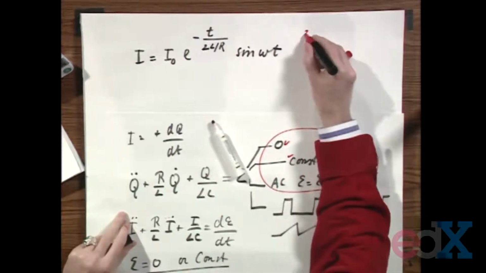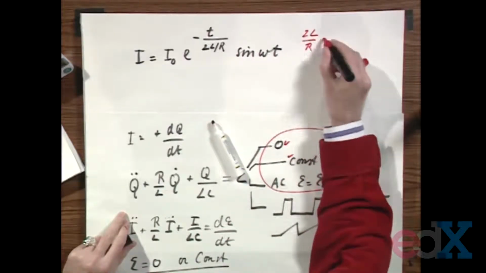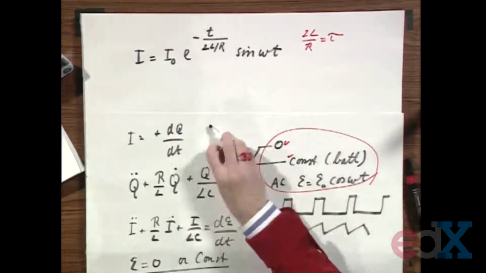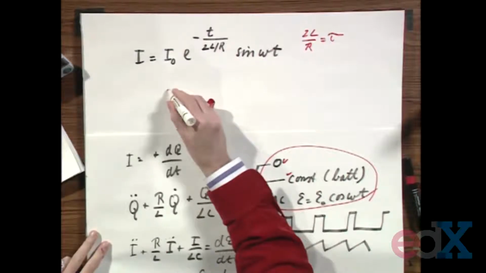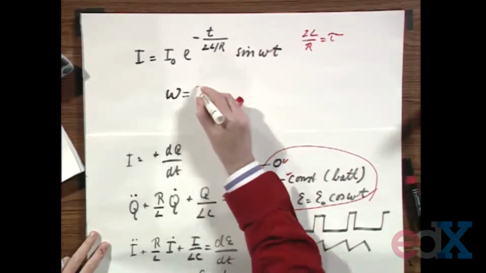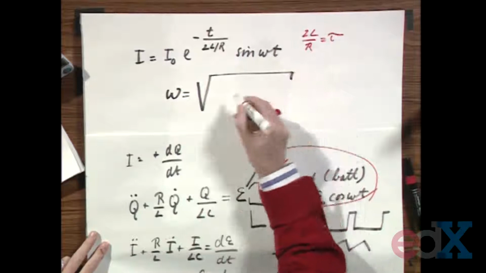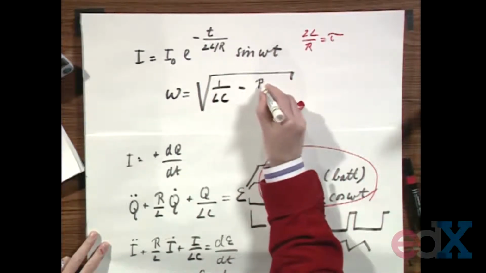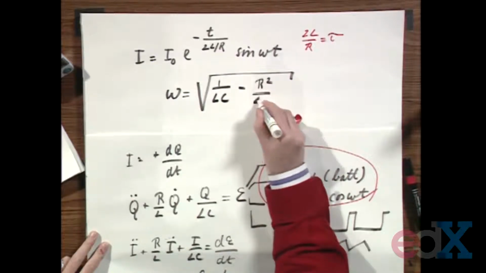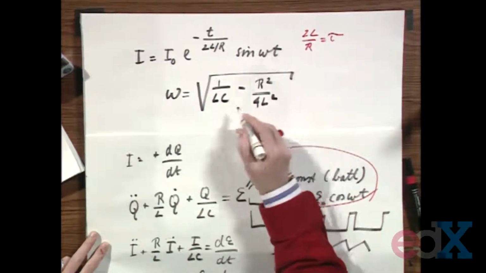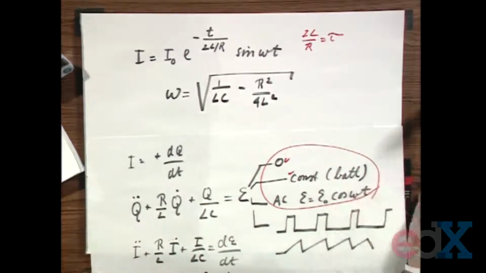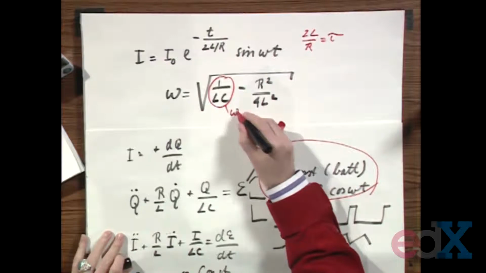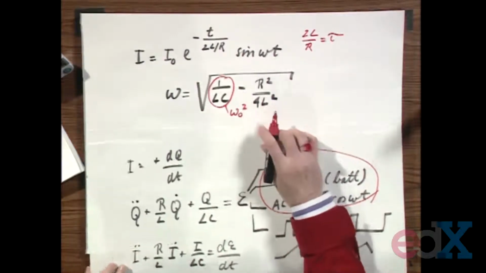And the value 2L over R could be called tau, that is the decay constant, and you will see shortly what I mean by that decay constant. Omega is now entirely dictated by the various components L and C and R. We call this one, and you will see shortly why, omega 0 squared.